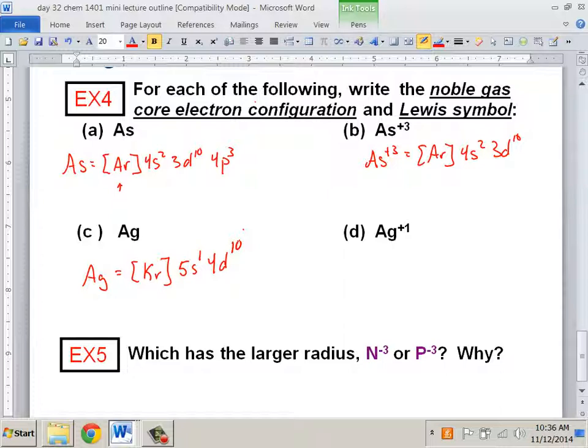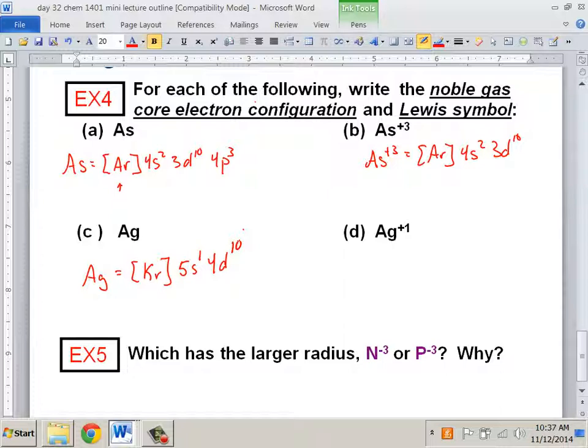So how many electrons can silver lose? It can only lose 1. Because once you pull out that first one, now you're left with d10. You can't pull from the noble gas core. All you can do is lose 1 electron. So the only ion that forms is silver 1.